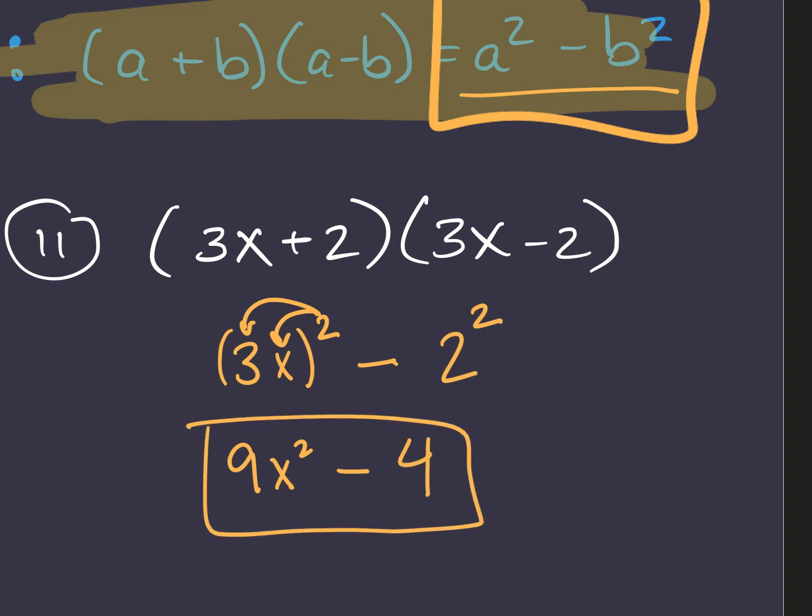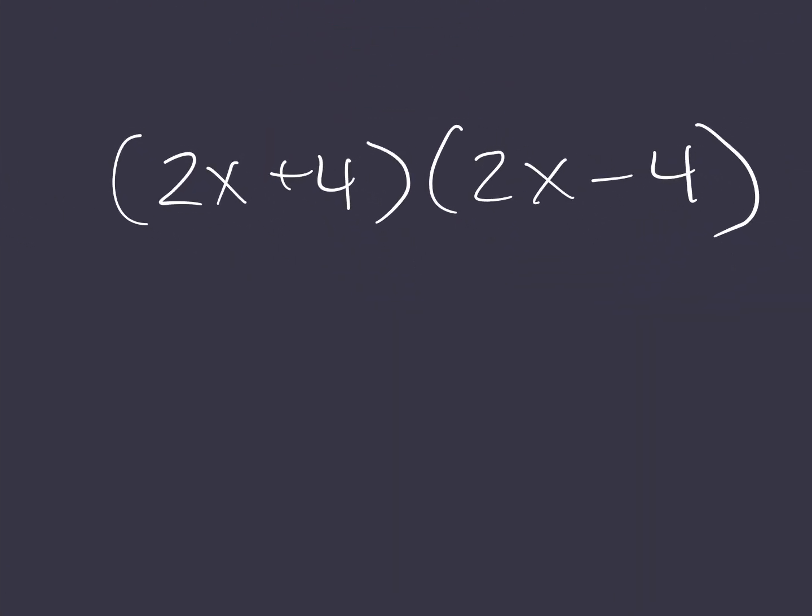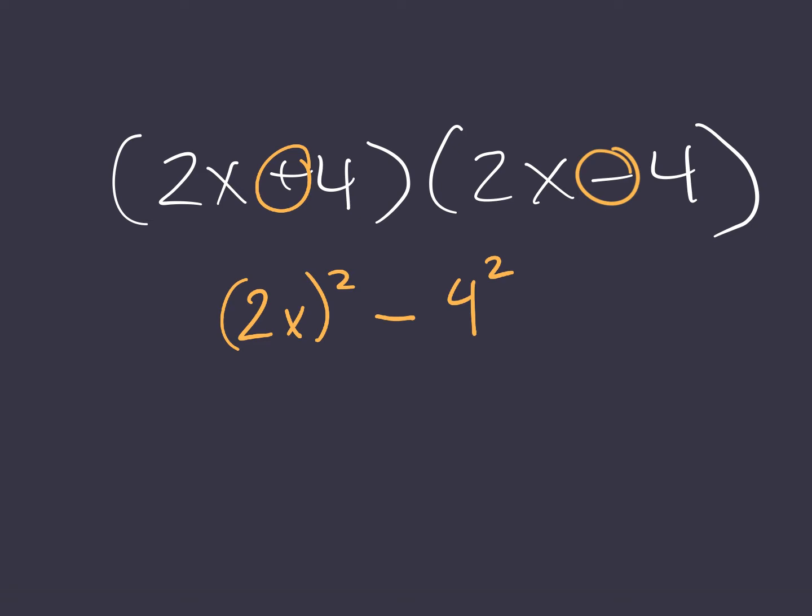All right, let's look at 12. So I have a plus b times a minus b. It's the same thing, but the only difference is the signs in the middle. So I can use my shortcut. So what's my a? 2x, so that's 2x squared minus, what's b? 4 squared.